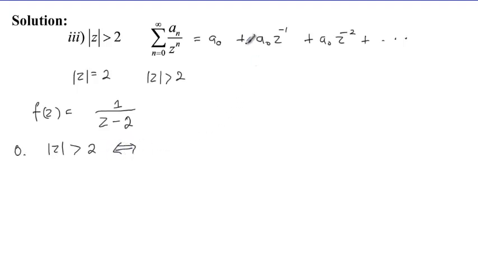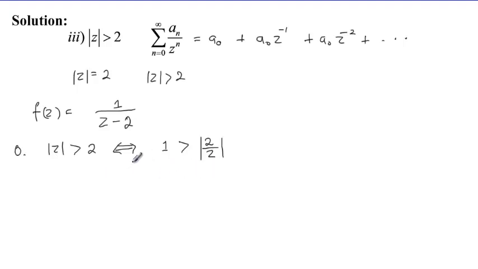Because the z is always in the denominator, under this condition we can look at this condition as being equivalent to 1 is greater than the absolute value of 2 over z.